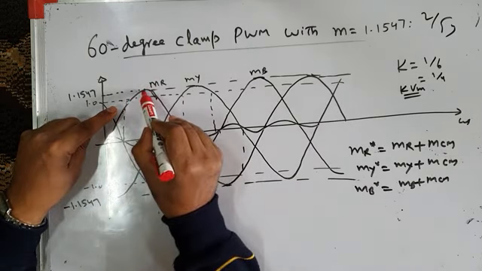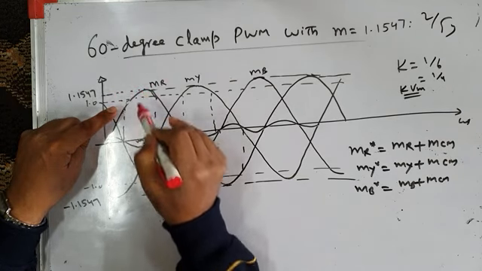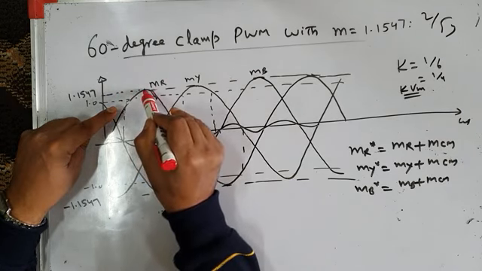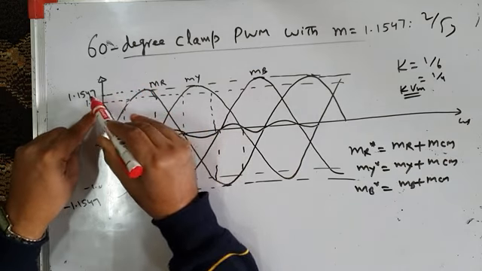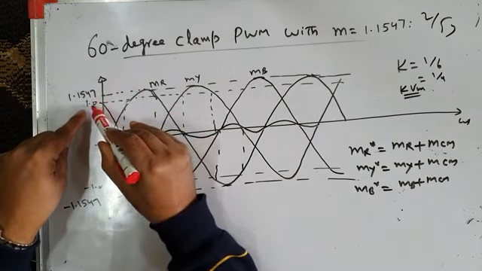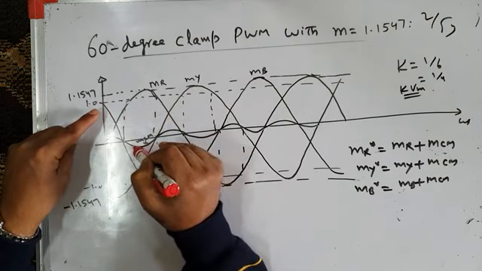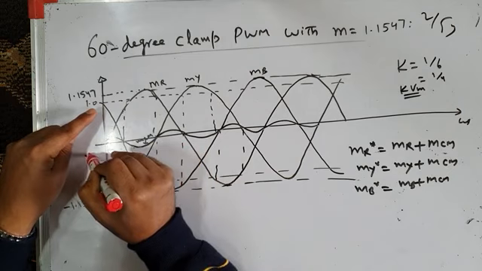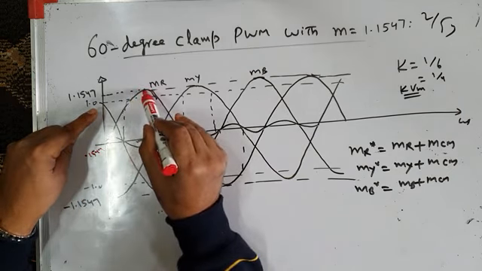For example, at the peak, this is 1.1547 and this peak is exactly equal to it; I mean the difference of the two. This is 1. So 1.1547 minus 1 means 0.1547. So this peak is 0.1547 here, and the peak here is 1.1547.